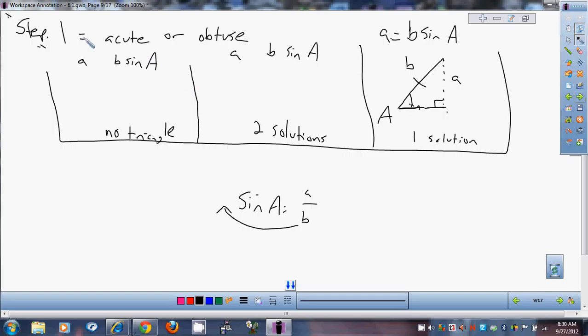If A is less than B sine A, or less than the minimum length of that side, then you're not going to have a triangle. And that's going to look like this. And there's no way you could swing this to connect it to this base here. It's just not long enough.